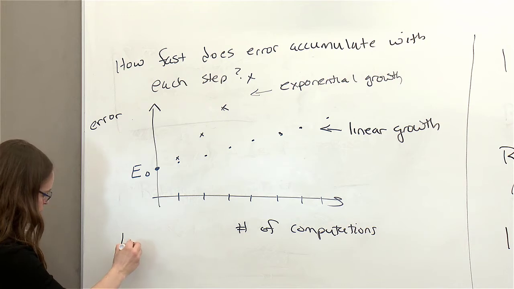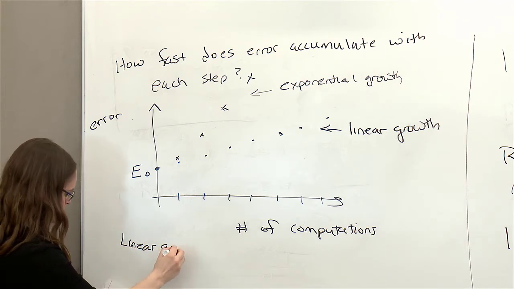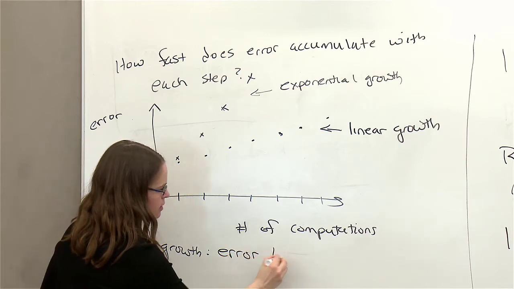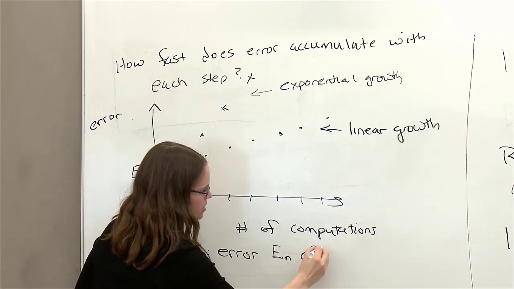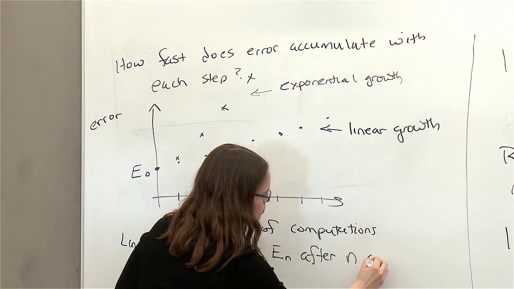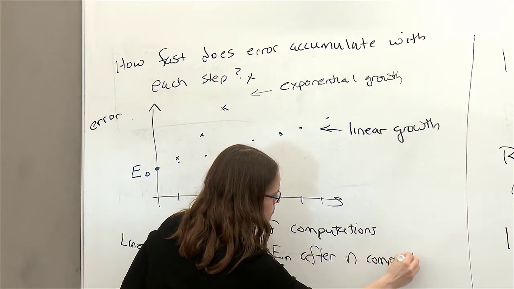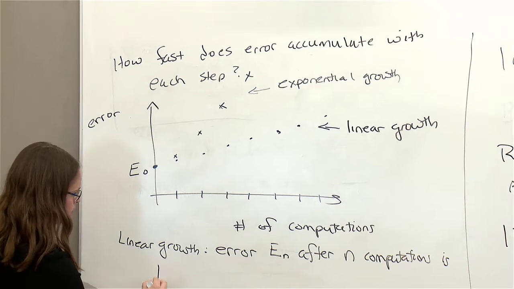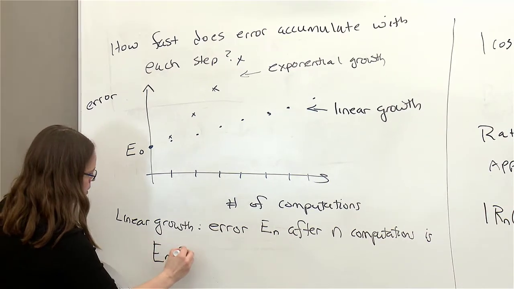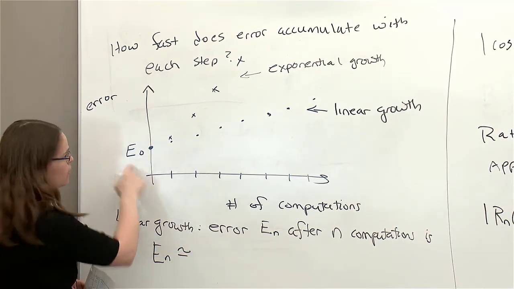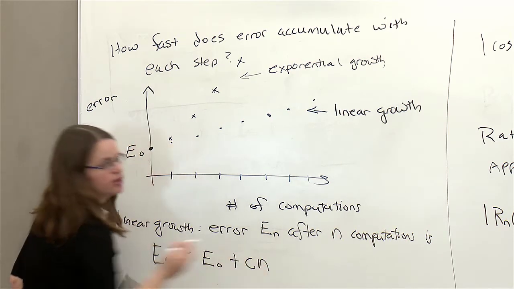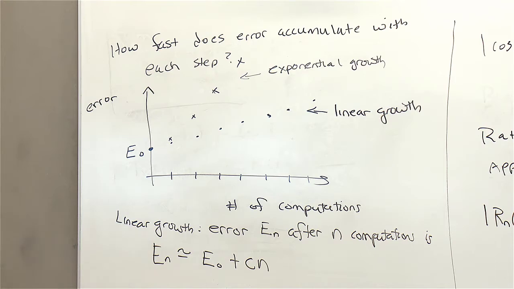So for linear growth, we're going to say that the error after n computations is linear, so wherever our starting error was, plus something that's linear in the number of computations.